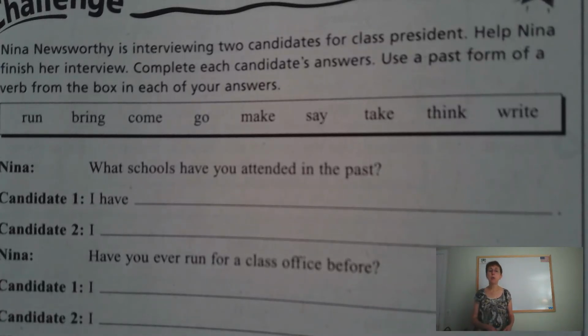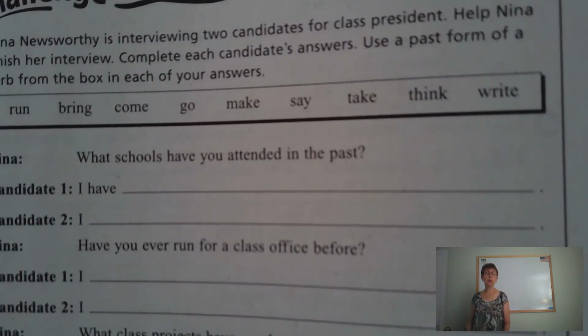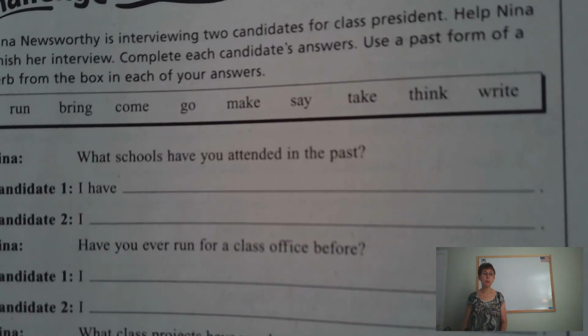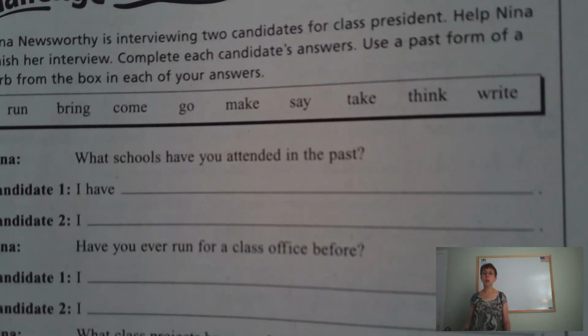Remember the forms of go: went and gone. So I have gone, I went. Okay, so again, where there's a helping verb, then you must use the verb form that goes with the helping verb. If there is no helping verb, then you use the past form of the verb.